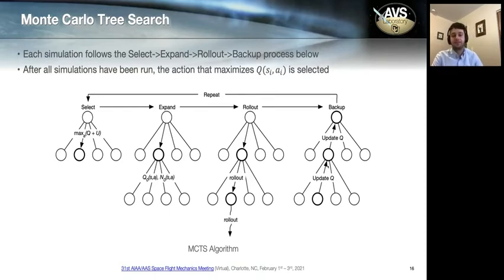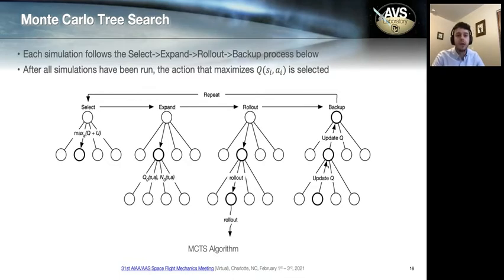First, the agent selects an action based on the intermediate state action value function and some exploration bonus. If the agent reaches a state it's never reached before, it expands that node into each action and initializes Q and N. If it hits a state that it has reached before, the selection process just continues.